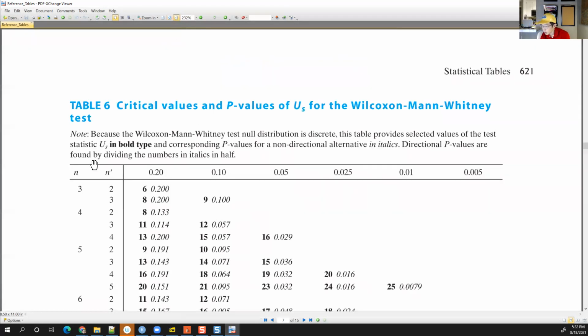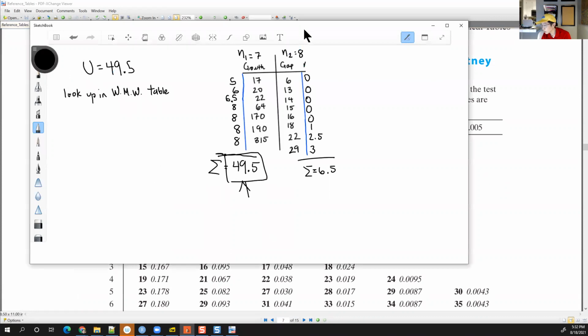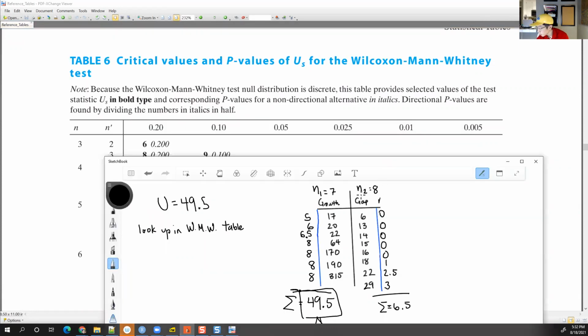On the left-hand side, we need to find an n and an n prime. You have two n's, and whichever is bigger is going to be your first n, and whichever number is smaller between your two n's is going to be the n prime. So I have n2 is 8, so n is going to be 8, and n prime is going to be 7.